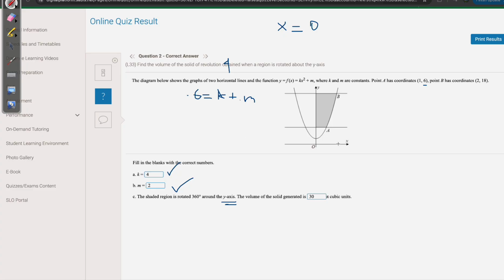And this also means that instead of integrating from 1 to 2, we're gonna do from 6 to 18. So let's write the integral here.